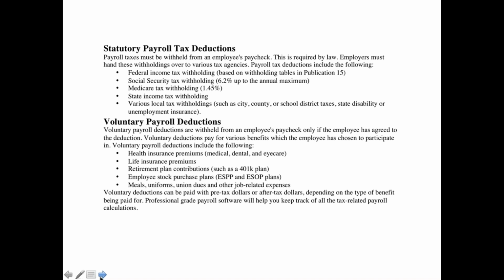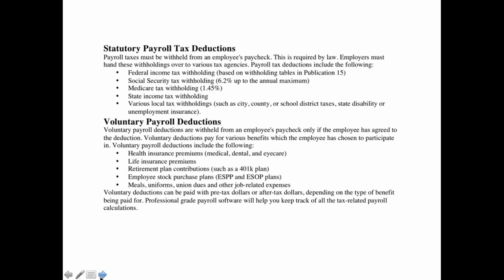And then you also will do a W-4, which they'll put in how many deductions they have, which determines how much federal tax you withhold. And once you have those, you can go to the tables and figure out how much money needs to be withheld from their check based on what their tax rates are going to be, as they talk about in Publication 15. That's an IRS document.